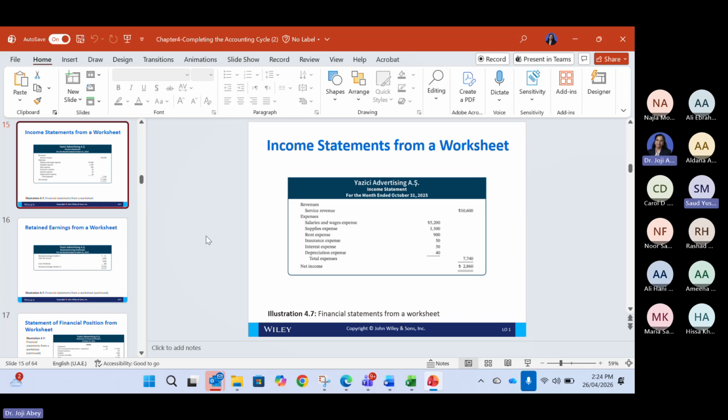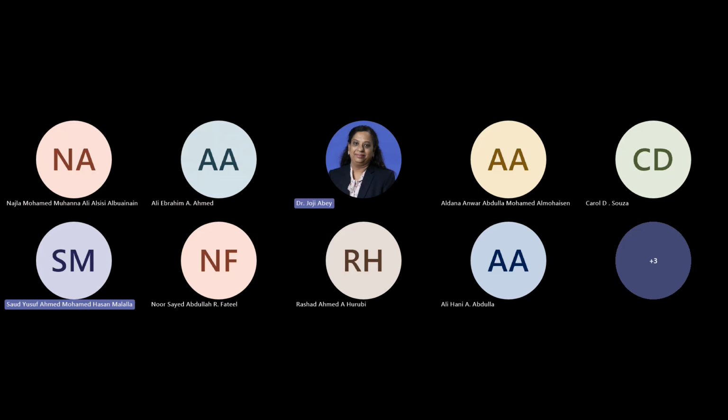So we have already done the calculations for computing the income. Revenue minus your expenses will give you the net income. From the income, if it is positive, it will be net profit.